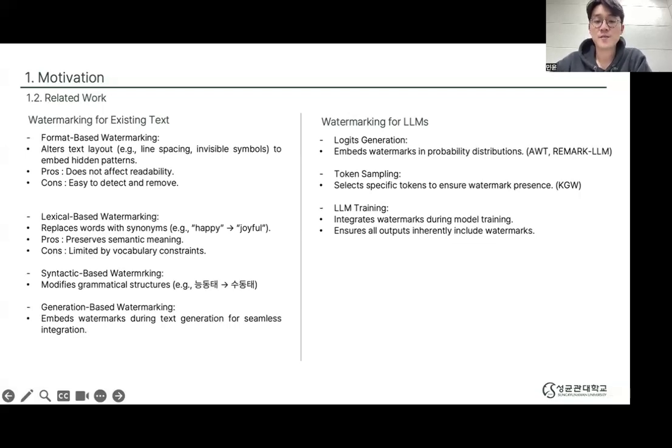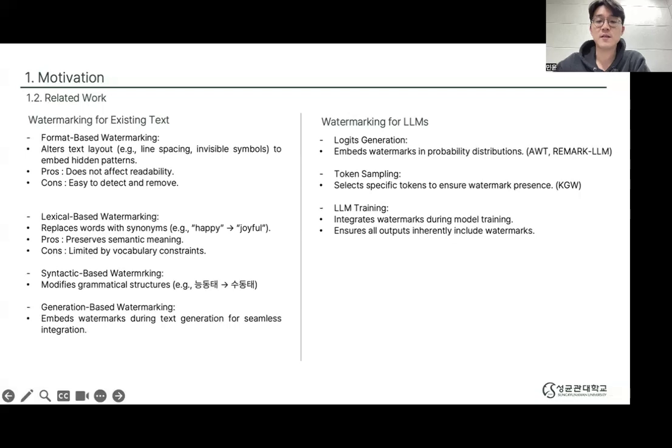On the right, these are watermarking techniques specifically designed for LLMs. Logit generation embeds watermarks directly in the probability distributions produced by the LLM.